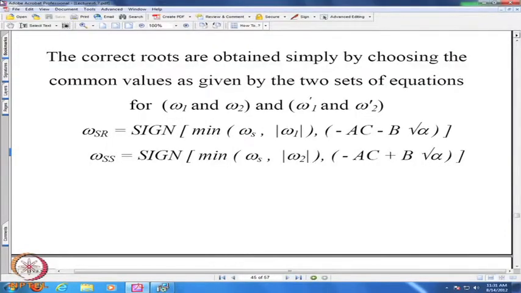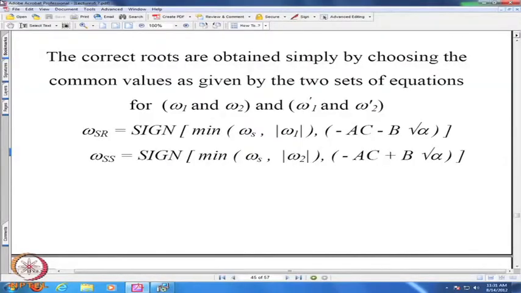So, this is only a mathematical thing. The sign is decided by minus a c minus b root alpha and minus a c plus b root alpha of the sine inverse functions, because you can see that the term and the sign will be positive or negative just depending upon the sign of that discriminant.